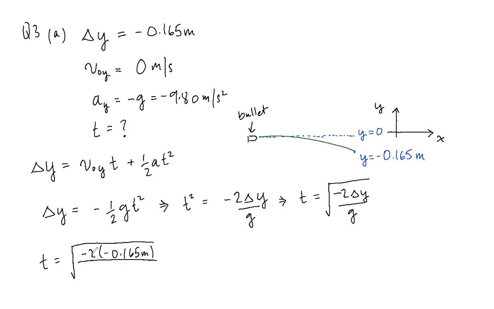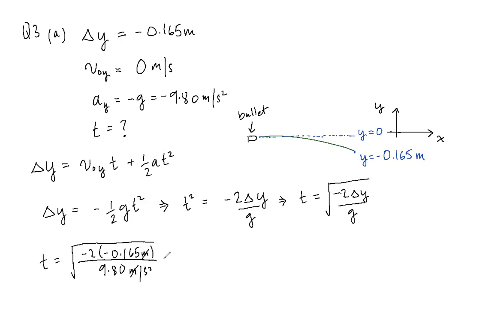Okay, so the minuses cancel each other, so that's good, right? Because you don't want to be taking square roots of negative numbers, if you can help it in this class. If you find yourself having to take a square root of a negative number in this class, it means you've done something wrong.